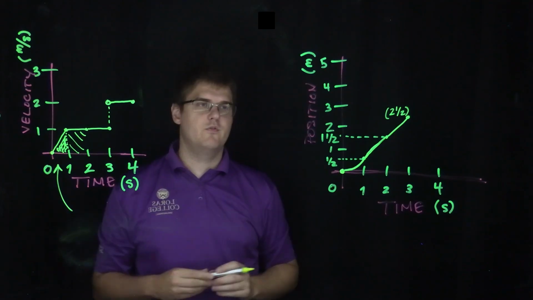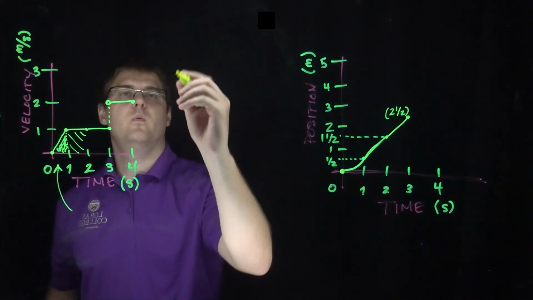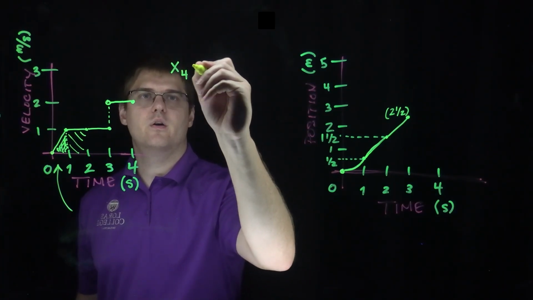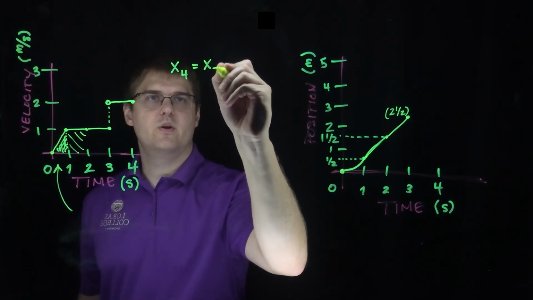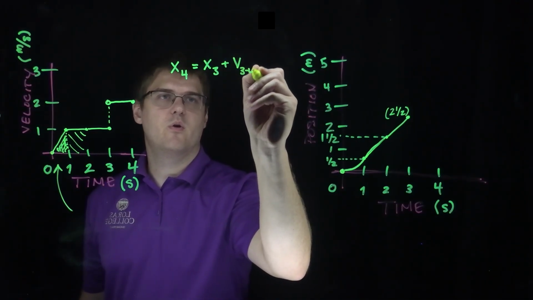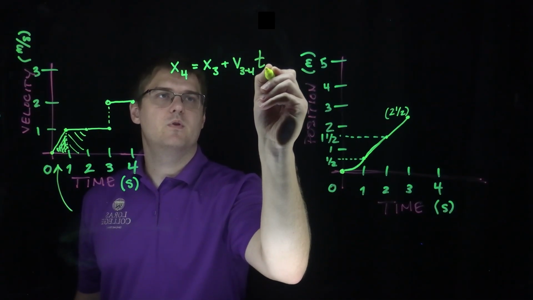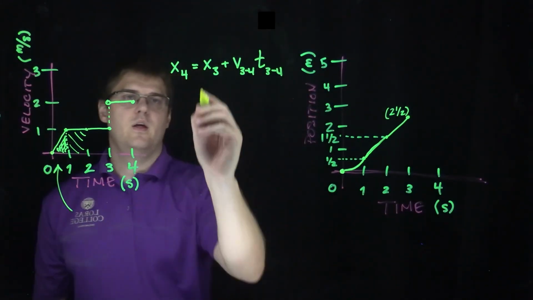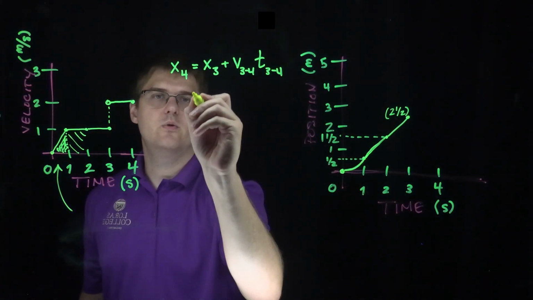And then between 3 and 4, we'll write one more out. We'll say that x4 is going to be equal to x3 plus velocity between 3 and 4 times the time between 3 and 4. Perfect. x3 I know is 2.5.